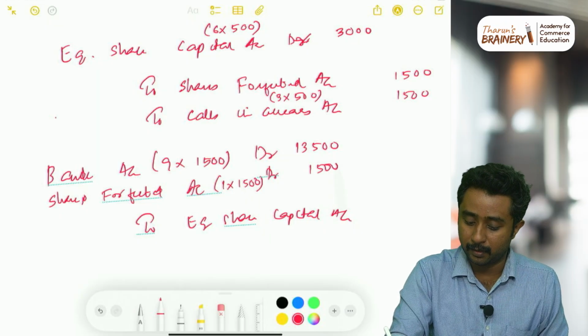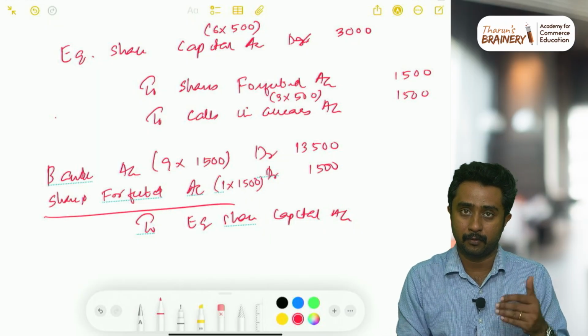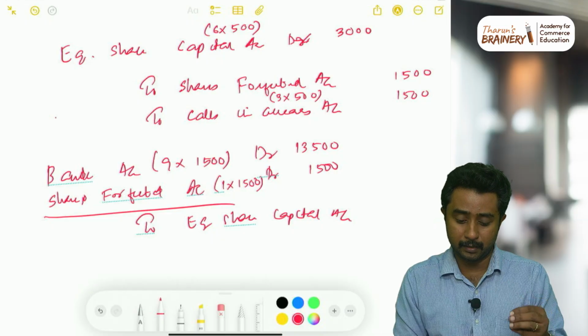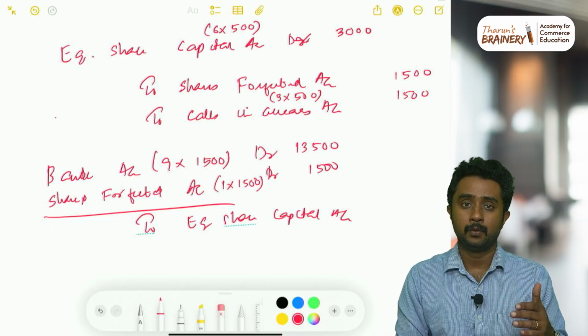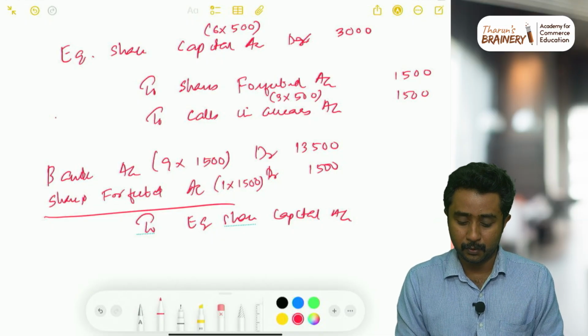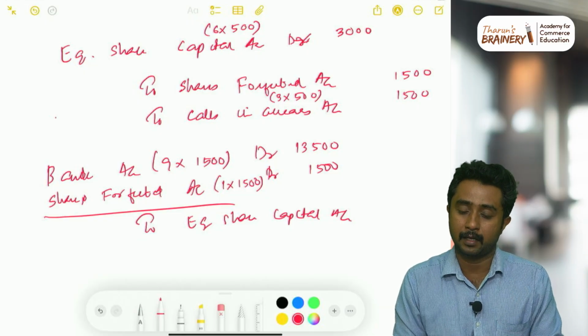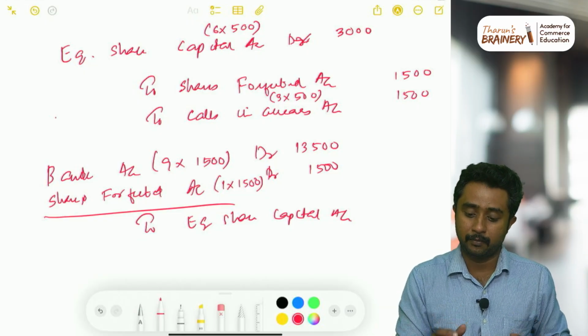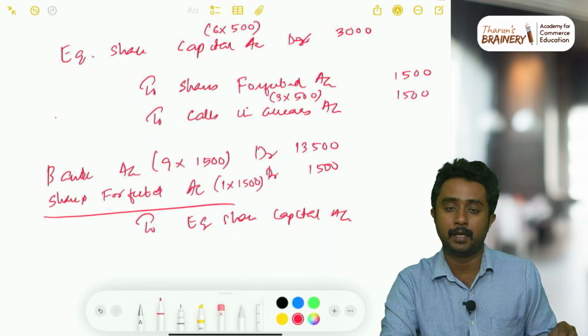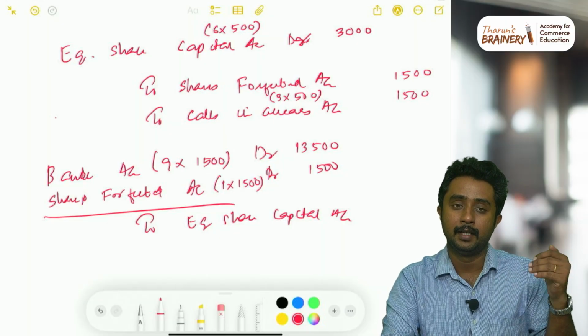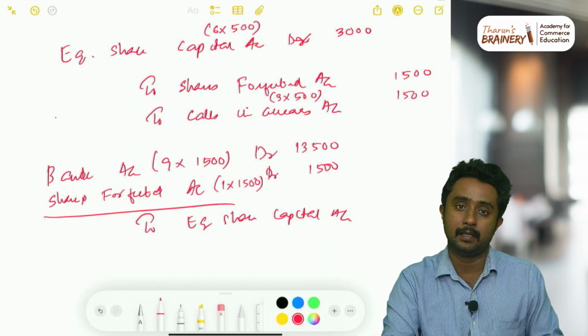So 1500. Why are we debiting share forfeited account? If you don't know, the purpose of debiting share forfeited account is to show the amount that we are taking from share forfeited account to cover the discount. Share forfeited account is where we keep the money that we have already received from these shareholders before cancelling their shares.